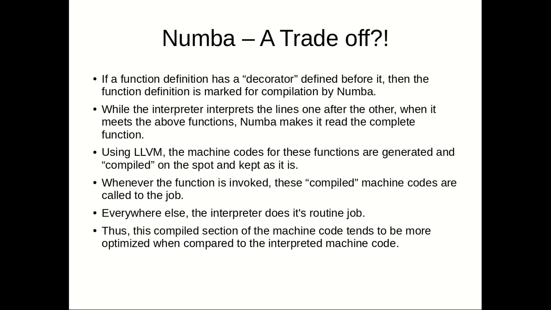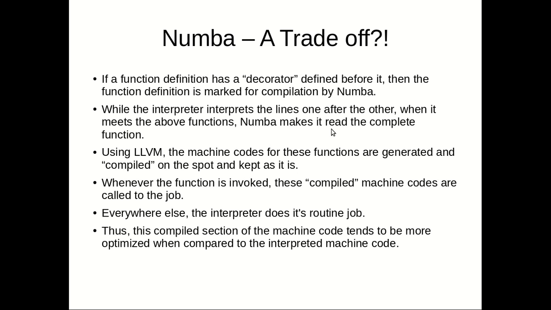That machine instruction is kept as it is, cached, whenever the function is invoked, and if it's not, it just gets generated on the spot when it's needed. And then whenever the function is invoked, these compiled machine codes are called to do the job.